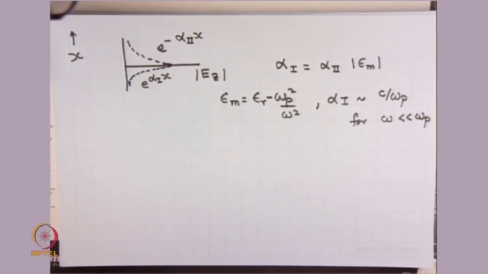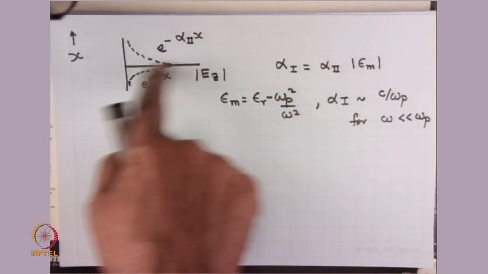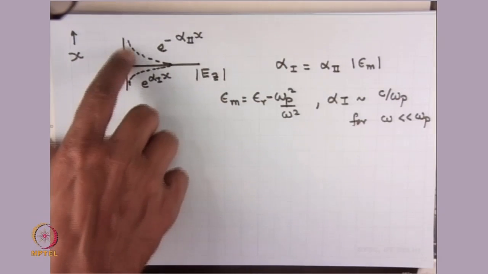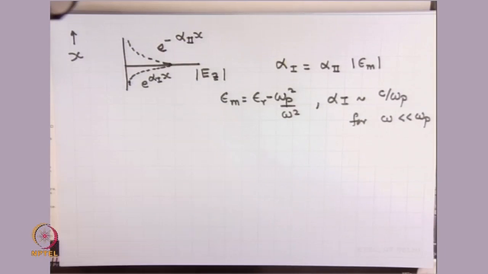So the wave is really localized inside the conductor, very close to the surface, but it can have a broader width in free space. This is one important aspect of this.